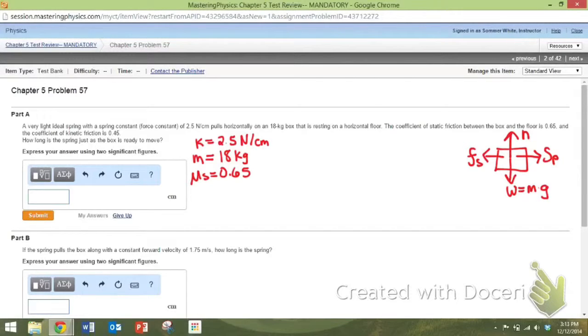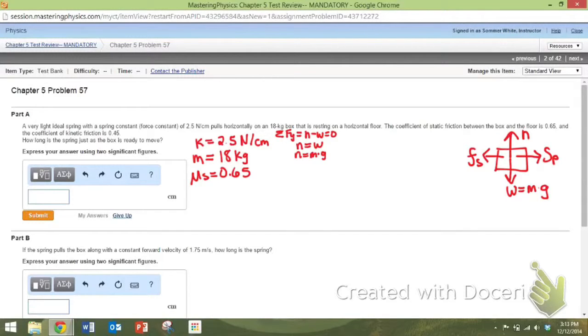We find first that the sum of the forces in the y direction gives us that our normal up minus our weight is equal to 0. Therefore, our normal is equal to weight, or our normal is equal to mass times gravity.